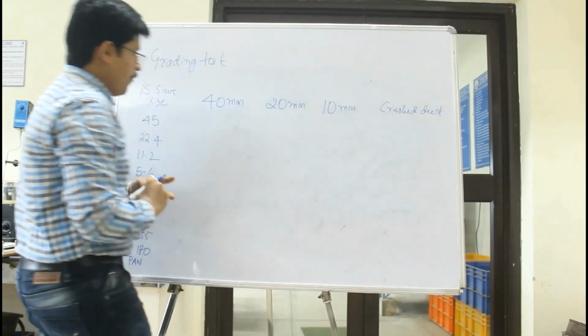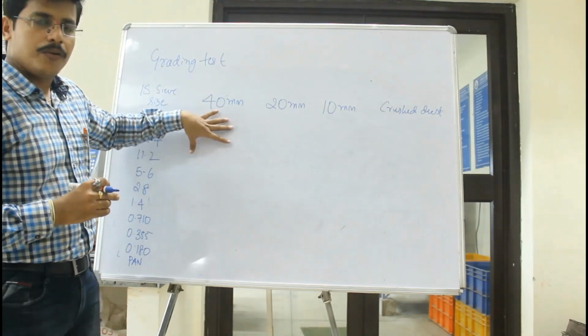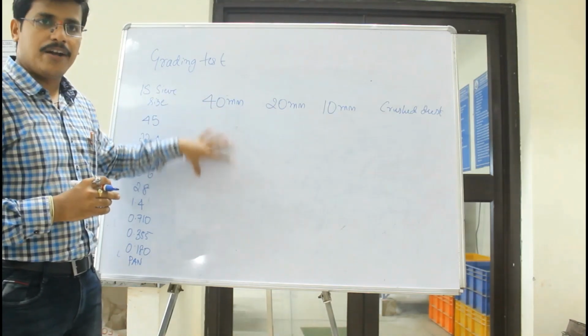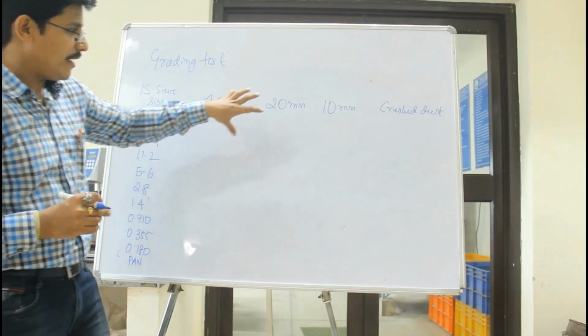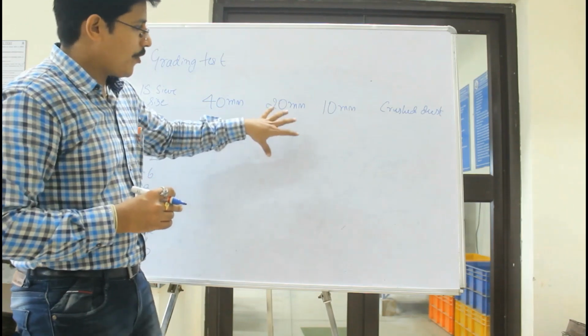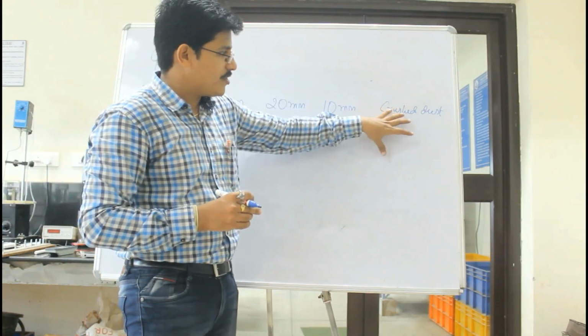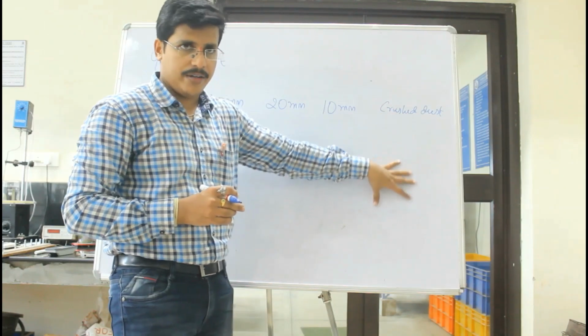Basically, we have produced aggregates which are 40 mm passing, but we don't know the relative grading of these aggregates. Similarly, we produced aggregates of size 20 mm and lower, and 10 mm and lower. Similarly, we have crushed dust which is passing through the fine aggregate sieve.